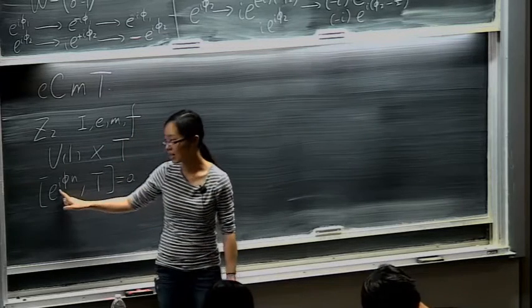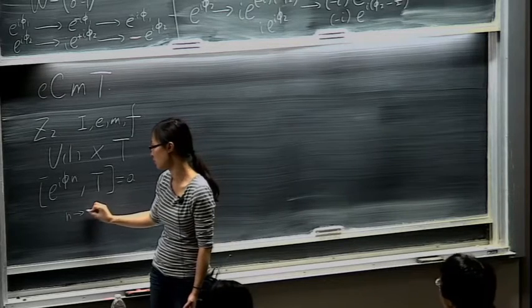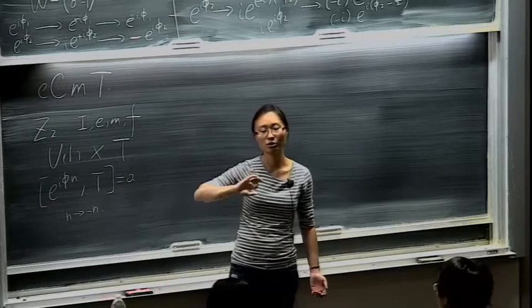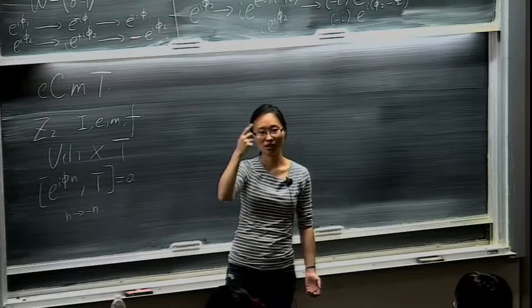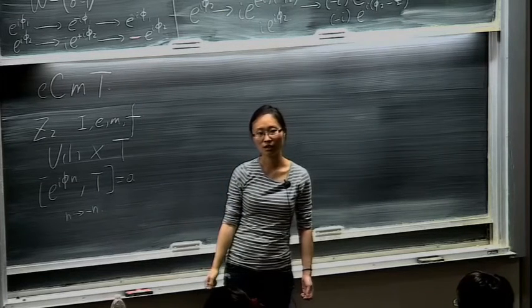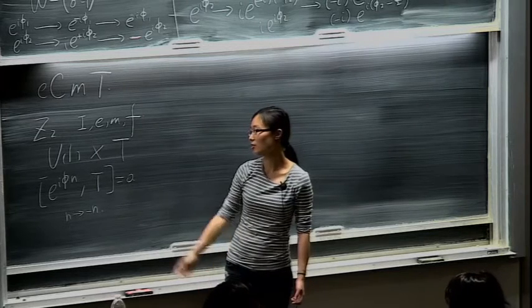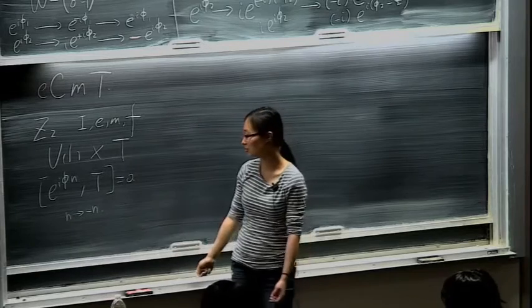And because i goes to minus i here, we need a charge to go to minus charge. So time reversal symmetry flips charge. So you should think of the charge as some spin in the z direction instead of real electron charge coupled to an external electromagnetic field. Although we can just think of it as some fictitious charge here.